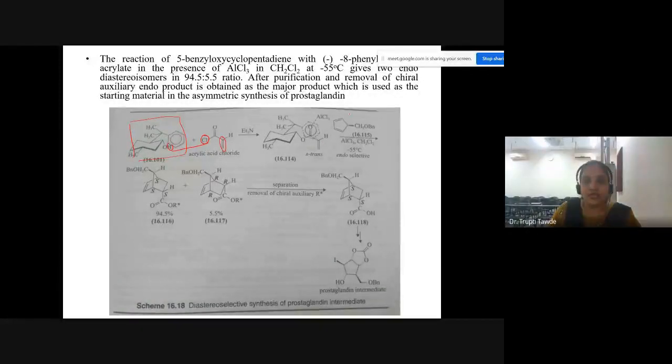Now this dienophile is further allowed to react with this diene, and we end up with the product. You can see one is 94.5 and one is 5.5. दोनों form हुए हैं but unequal amount, so I can call this as asymmetric Diels-Alder reaction.